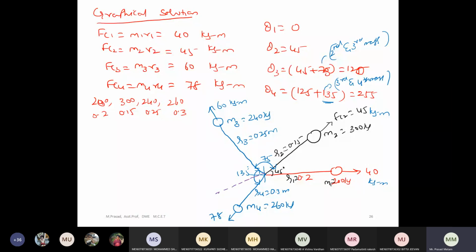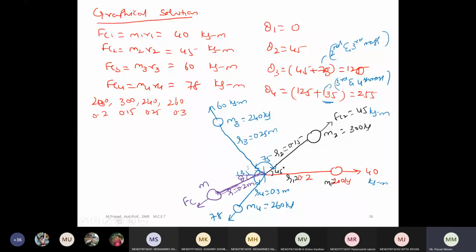I'm showing this as the position of the balancing mass m at radius 0.2 meter. Now the angle we need to measure with respect to this is the angle theta. This generates a resultant force of Fc here.